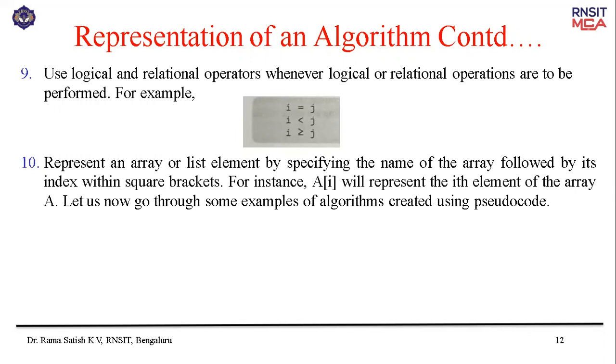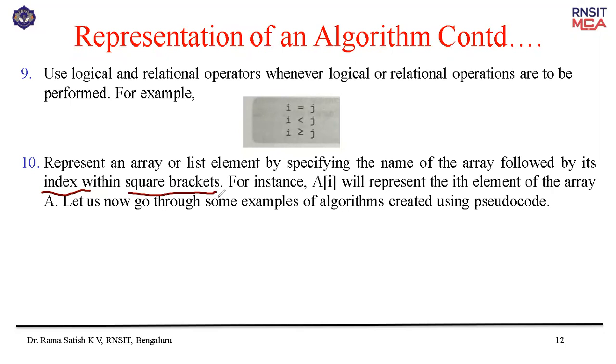The 10th point, represent an array or list of elements by specifying the array followed by its index number. Index number is quite necessary. So what does this index number do? It will specify what number in the array or in the list you are referring to, and you should use square brackets.